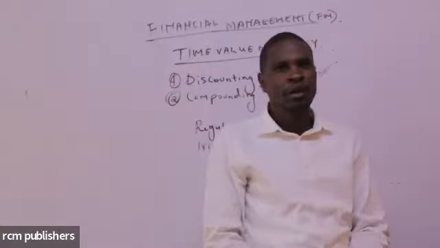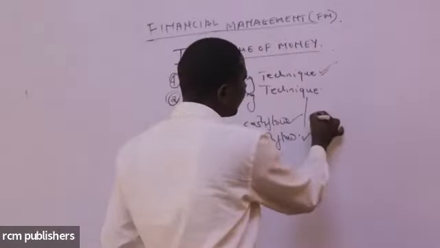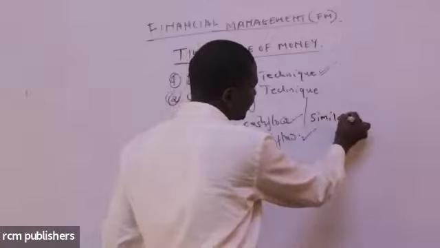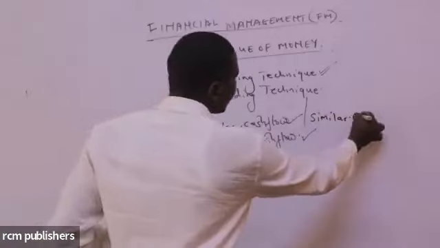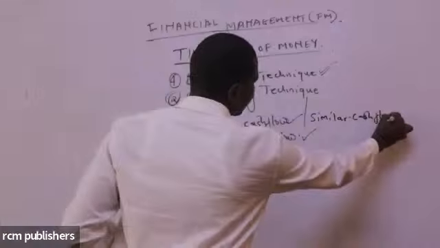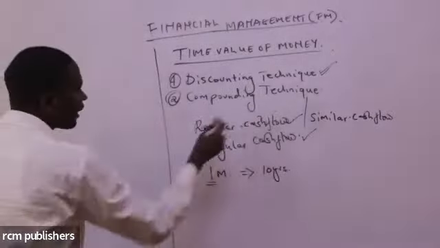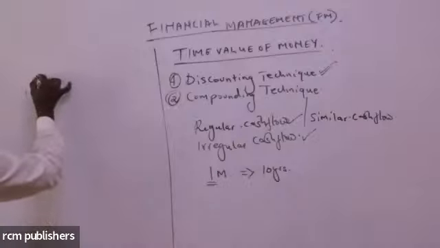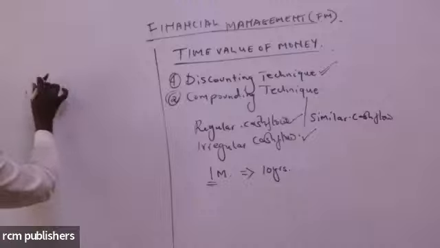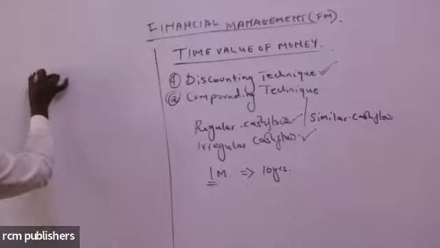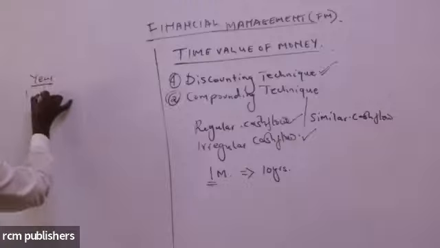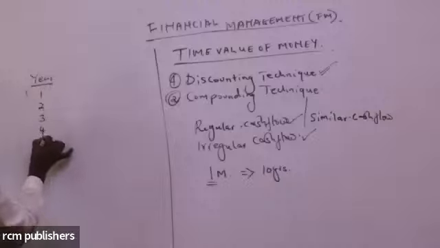Regular cash flow. In other words, regular cash flows are similar cash flows. Therefore, if regular cash flows are similar cash flows, and I have cash flows here that are going for 5 years, so I have the years here, year 1, 2, 3, 4, and 5.